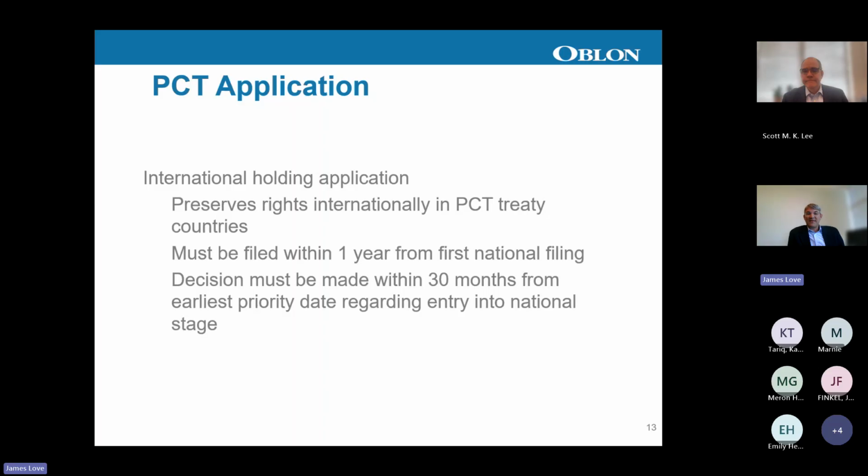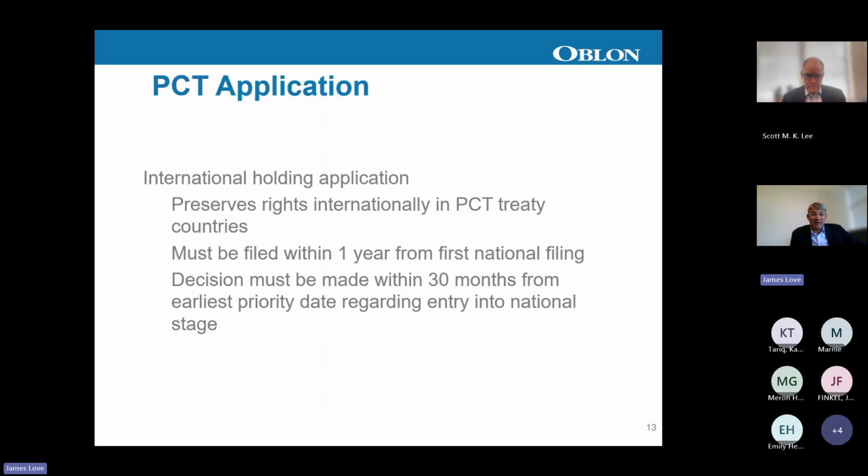Well, a PCT application is almost effectively the same thing. It's an international holding application. It preserves your rights internationally in all the PCT countries, which is most countries in the world. So just like the provisional, you must file 1 year from the first national filing date.